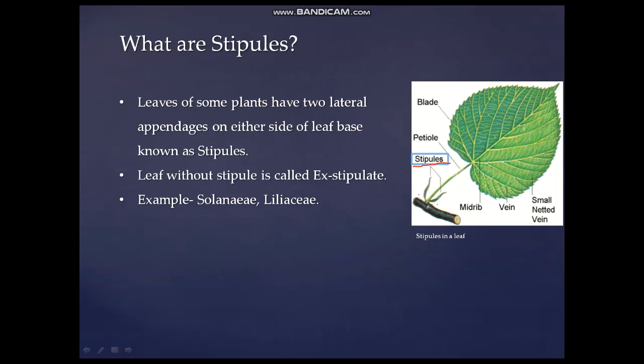The leaf which comprises stipules is called stipulate leaf, and the leaf without stipules is known as exstipulate. Examples of exstipulate leaf are very important. It's commonly found in families Solanaceae and Liliaceae.